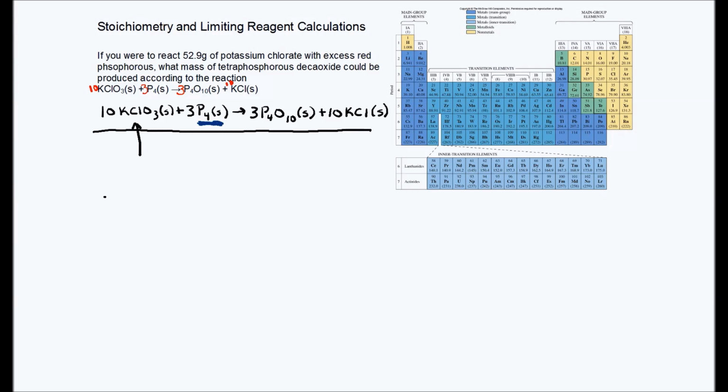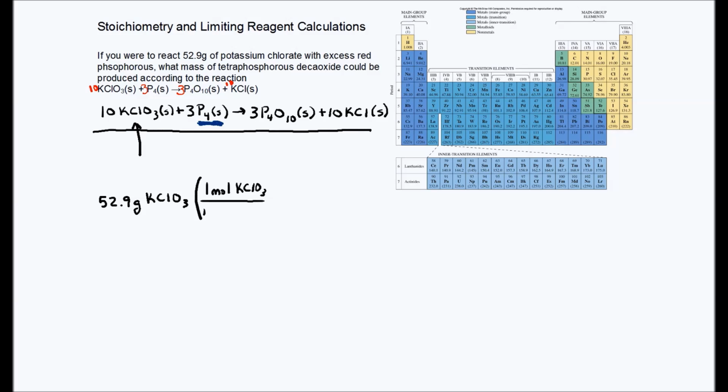So, first we write down what we know. We have 52.9 grams of KClO3. And I can first convert that into moles. 1 mole of KClO3 has a mass. Now this is just the molar mass.